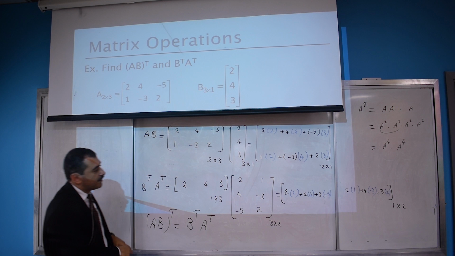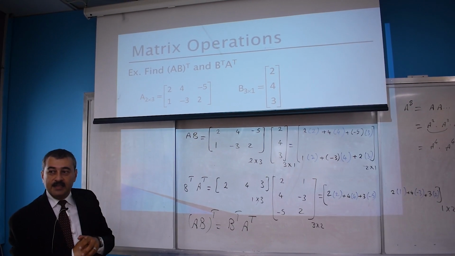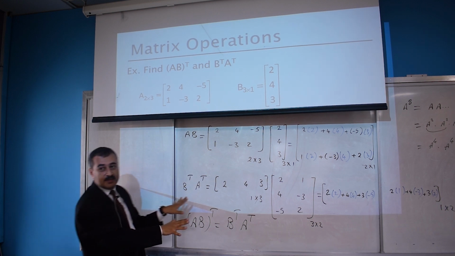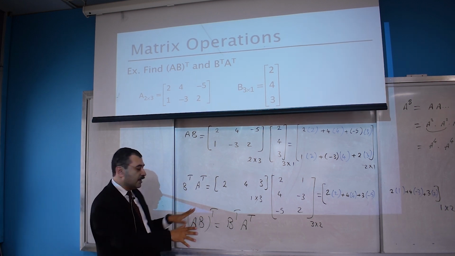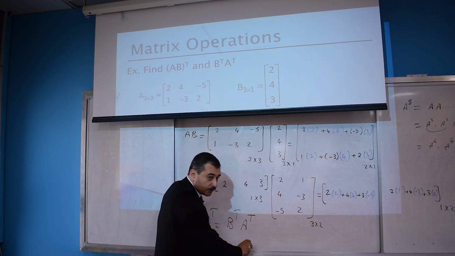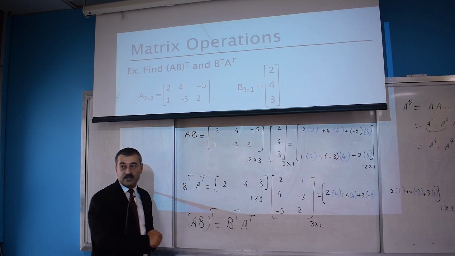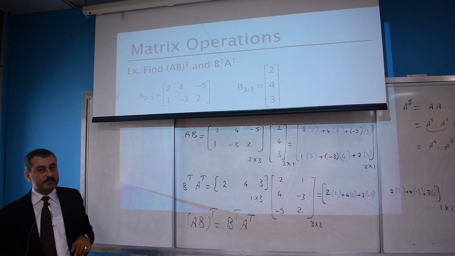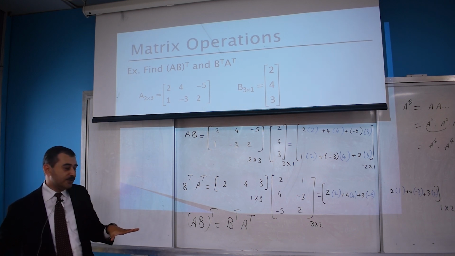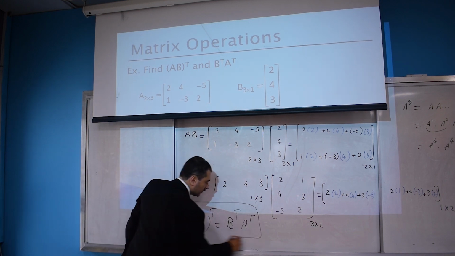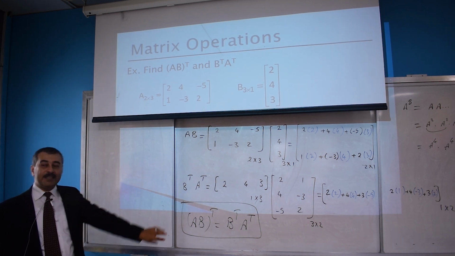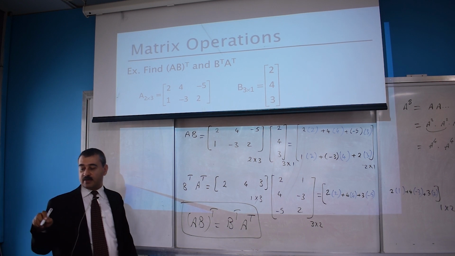Okay? And the same for the second entry. So you can prove this in general. This is a numerical example, not a proof, of course. You can prove symbolically that AB transpose always equals B transpose A transpose. I'll leave it for you as an exercise. What about A transpose B transpose in this example?